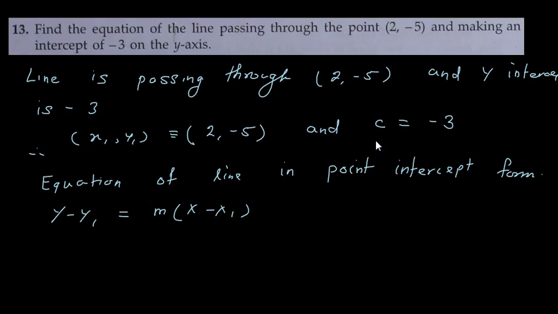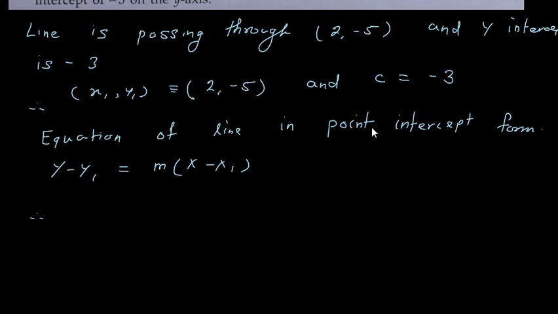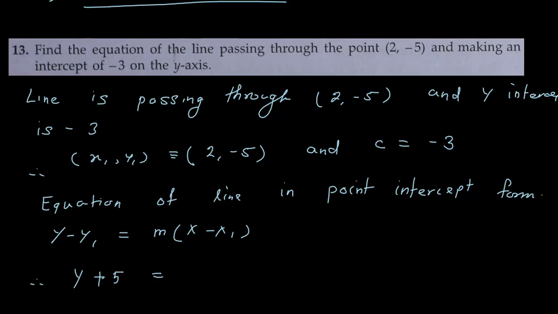So therefore we get y minus minus, it will become plus, so y plus 5 is equals to the value of m, okay, value of m you don't know. y minus y1 is equals to m into x minus x1, but here point intercept form.